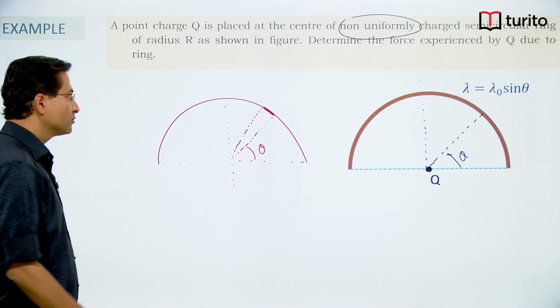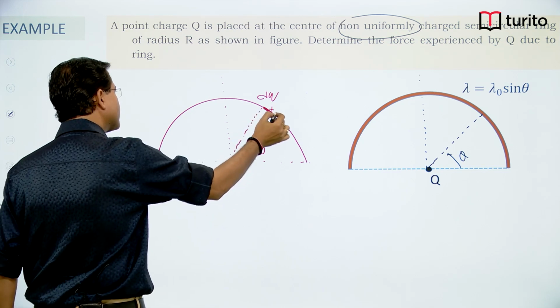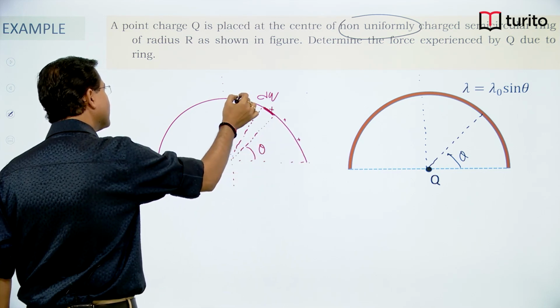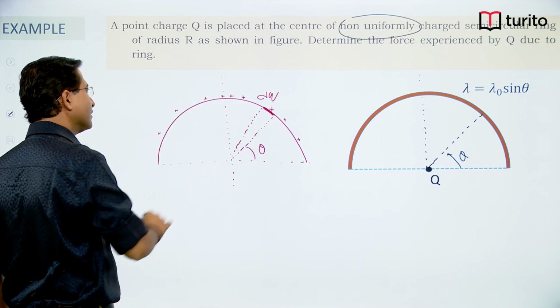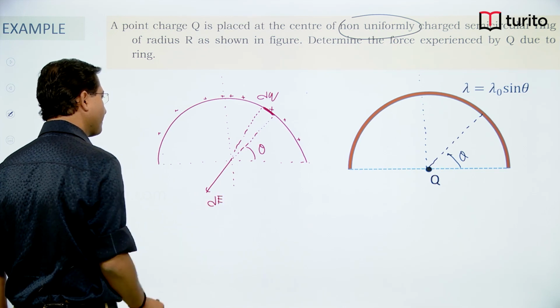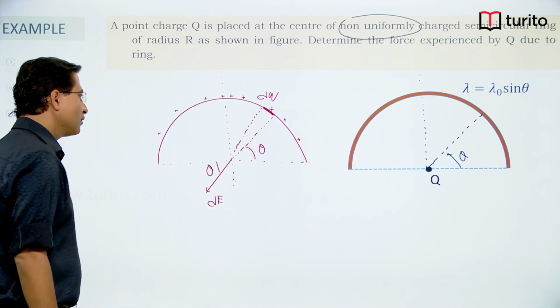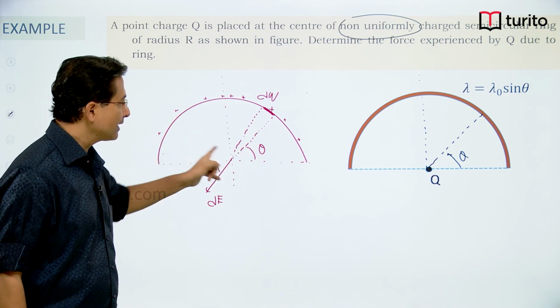Because of this dq charge, if this is a positive charge distribution, then the field will be like this, and the angle will be theta.